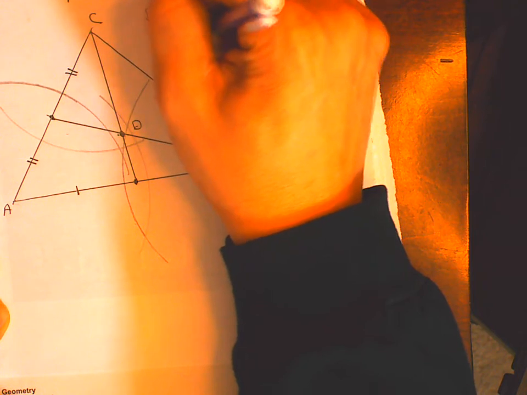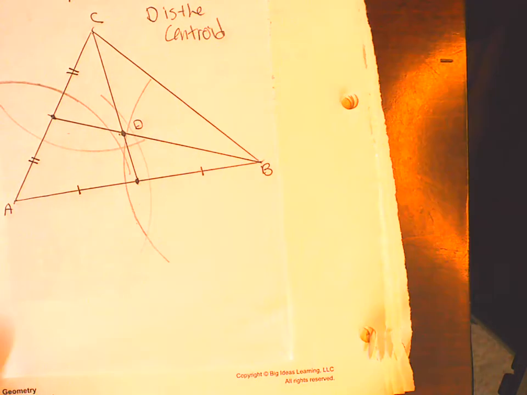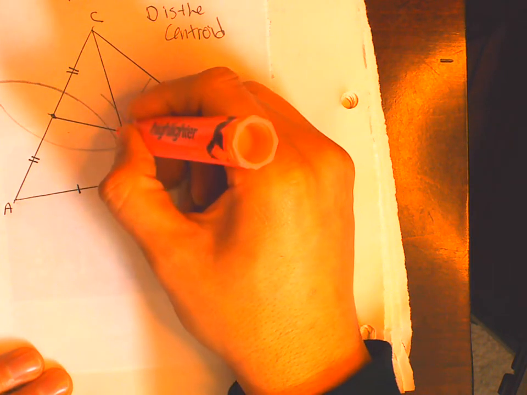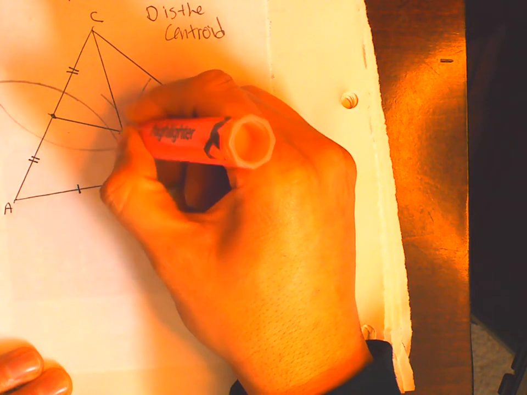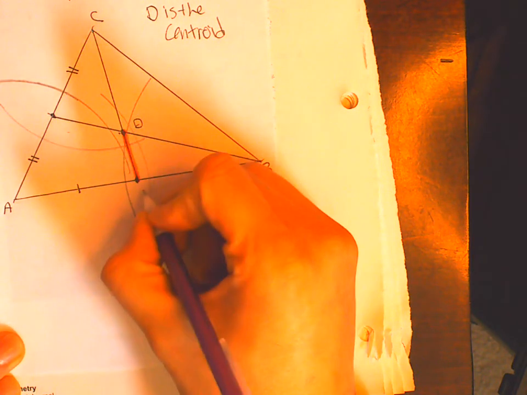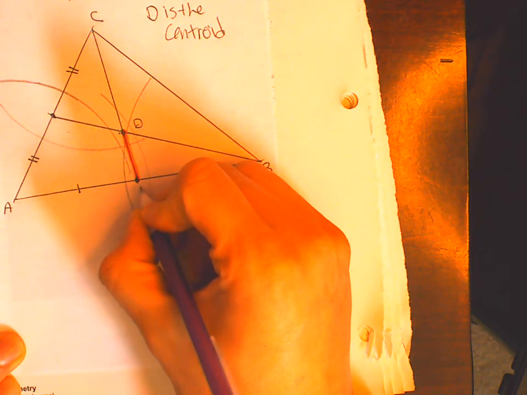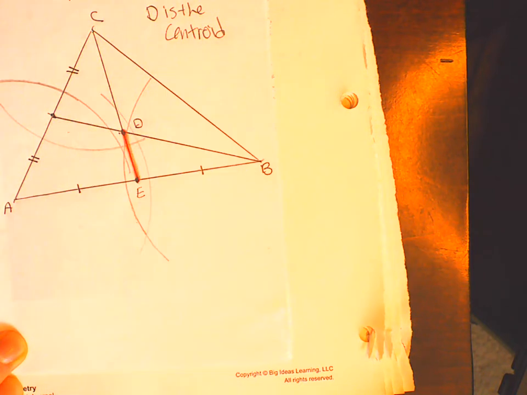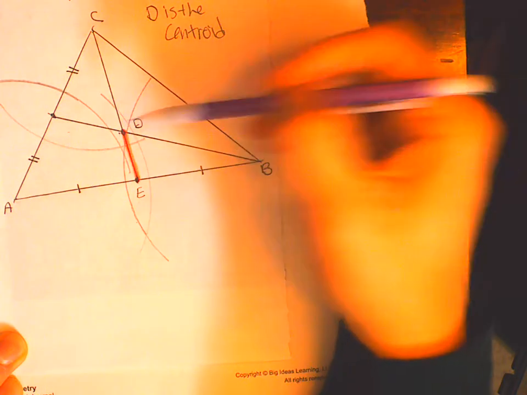So what does it do? Well, I want you to notice one thing. I want you to notice this right here. What is the relationship between this right here? I'm going to call this, I don't know, E. What is the distance between DE compared to CD?